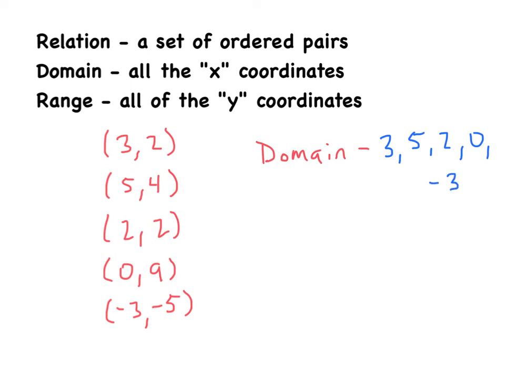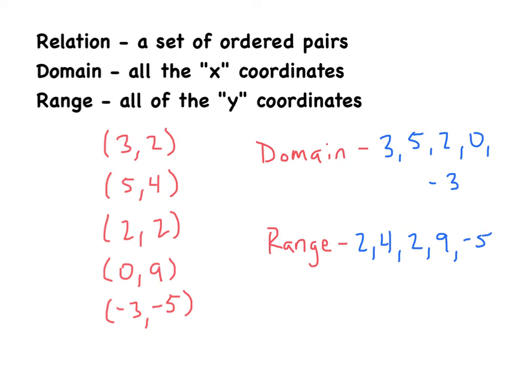When it comes to the range, it is all of the numbers in the y-coordinates. The y-coordinates are the second number. So in the range, we have the numbers 2, 4, 2, 9, and -5.